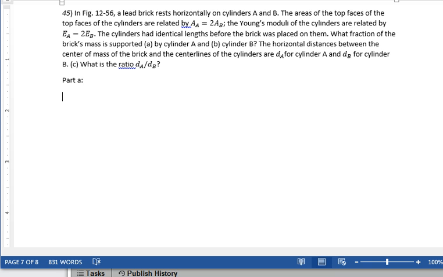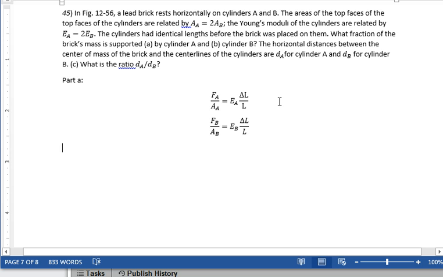Let's call FA the force on area A, which is Young's modulus A times delta L over L. We also know that force B equals EB times delta L over L.